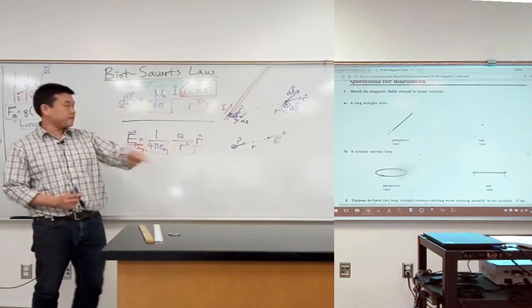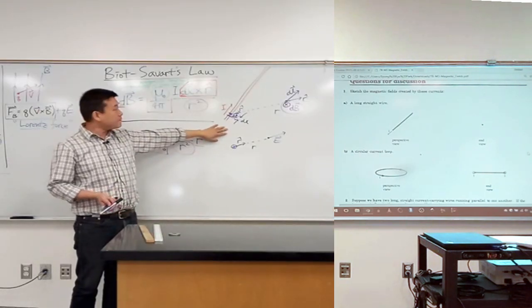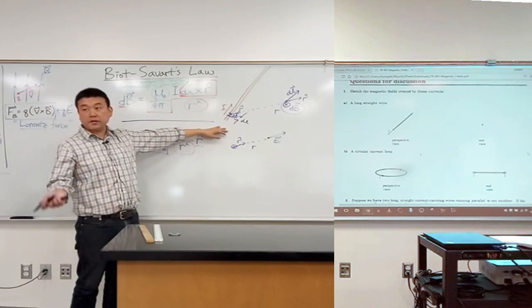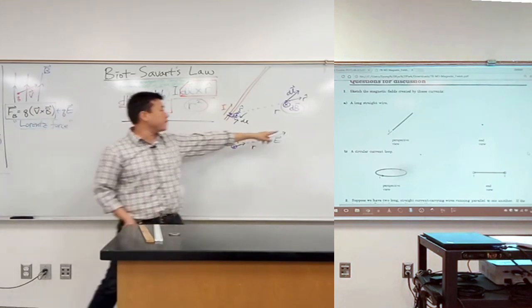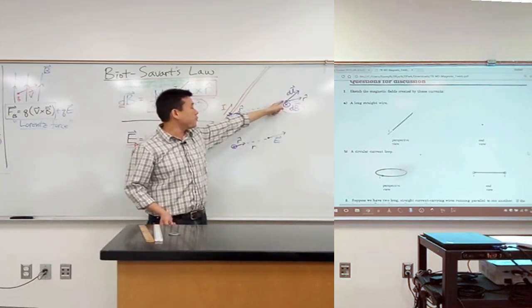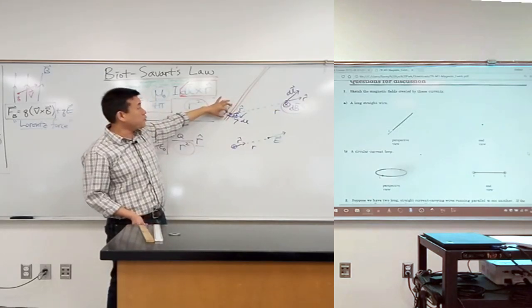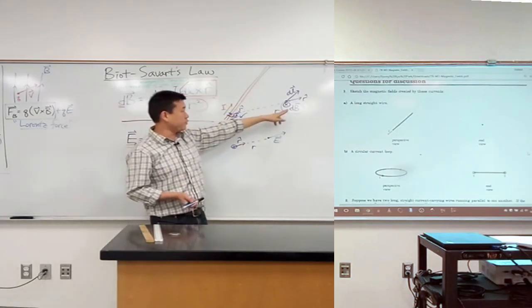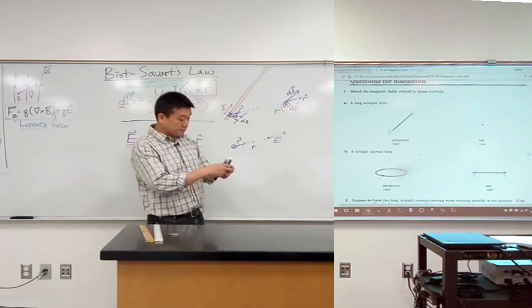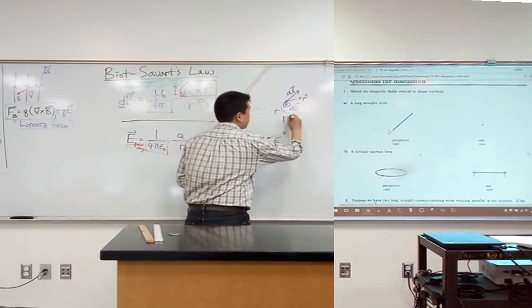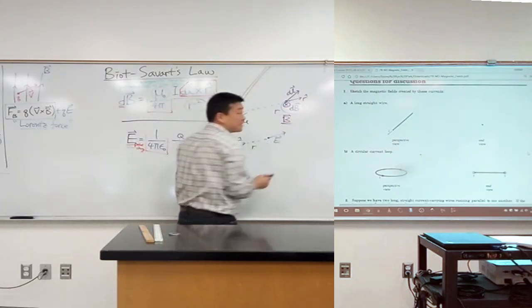Let me do two more things here. What we have done so far is figure out the contribution to the magnetic field at this point, due to this small segment. To have a sense of the overall direction of the magnetic field, not just the dB, I want to figure out the direction of the total magnetic field.